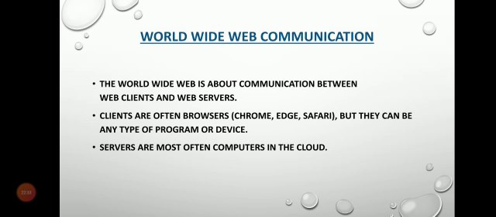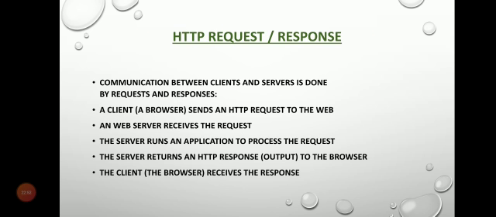And the World Wide Web is about the communication between web clients and the web servers. Clients are often browsers, like Chrome, Edge, Safari, but they can be any type of program or device. Servers are most often computers in the cloud. HTTP request or response. Communication between the clients and the servers is done by requests and responses.